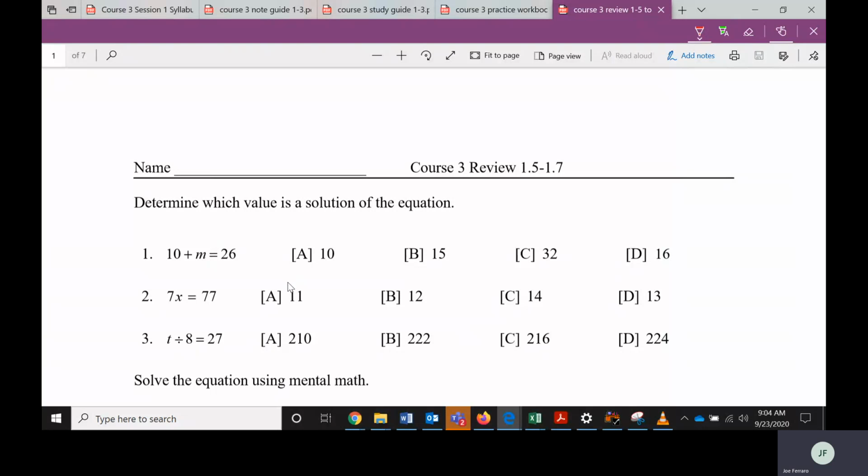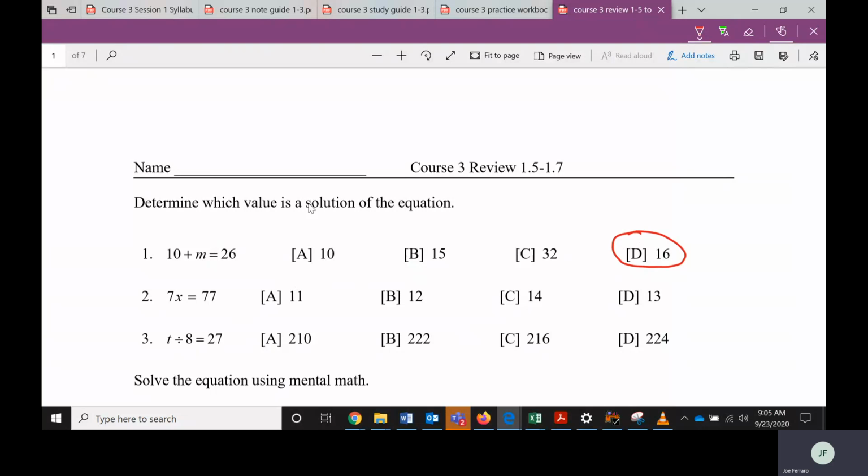You may remember how to solve equations from a past class, but basically what they were doing in this lesson was just saying 10 plus what is 26. Even if you couldn't think of it offhand, you could use your calculator to test it out and say, was it 15? 10 plus 15? No, that's 25, and then find the right answer.